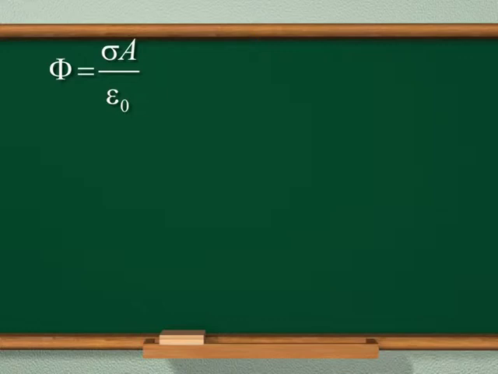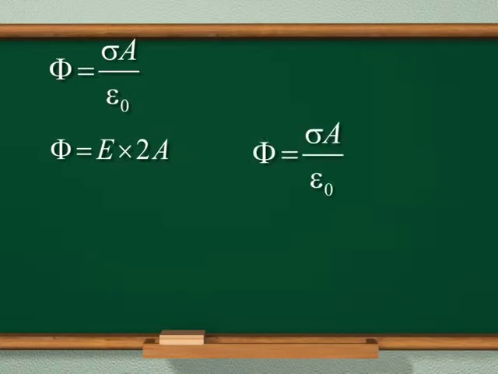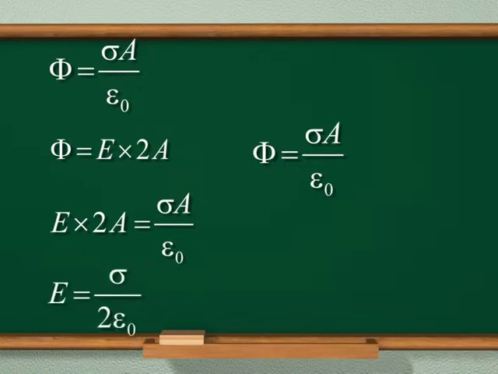Comparing equations, capital Phi is equal to E into 2A and capital Phi is equal to sigma into A by epsilon naught. For capital Phi, we get E into 2A equal to sigma into A by epsilon naught. On simplification, we get E is equal to sigma by twice epsilon naught.